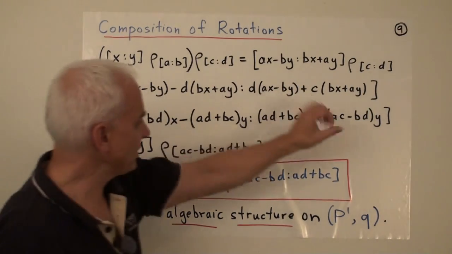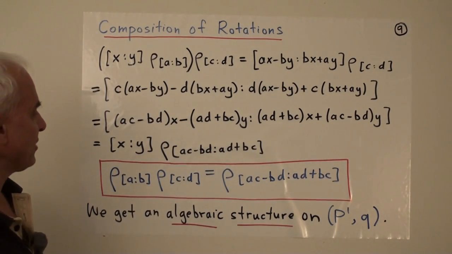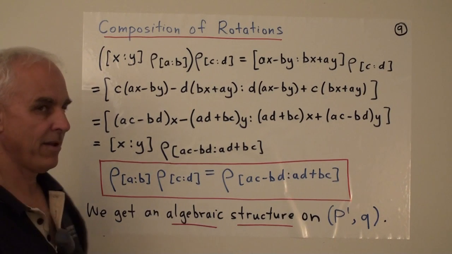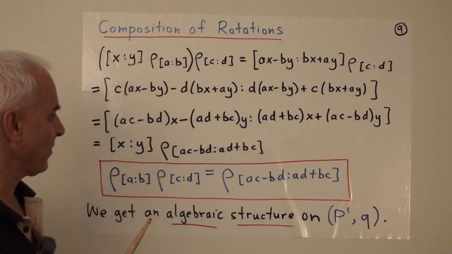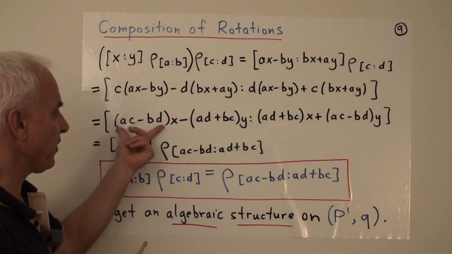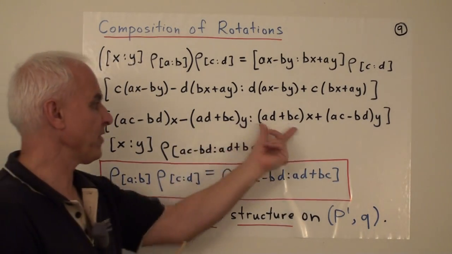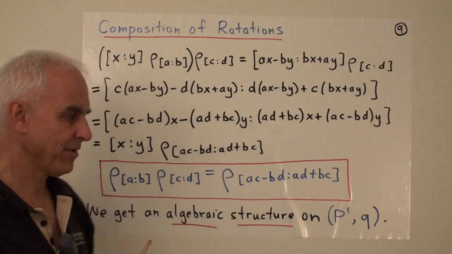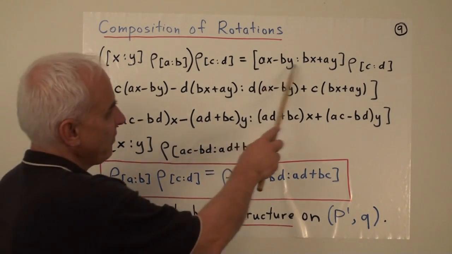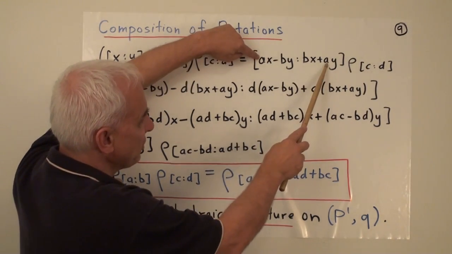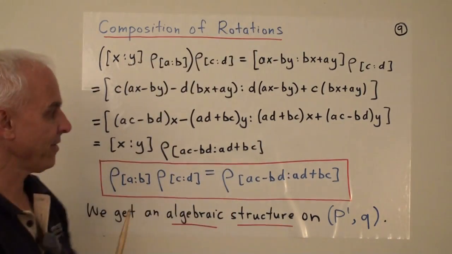And now when we look at this, we see that this is also in the form of a rotation, because this coefficient and this coefficient are the same, and these two coefficients are negatives of each other. That's the same story as over here. This coefficient and this coefficient are the same, and these two are negatives of each other.